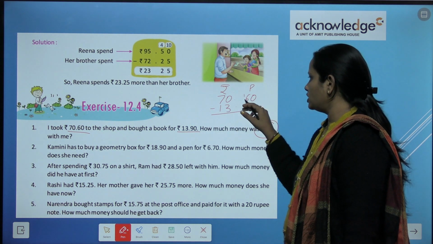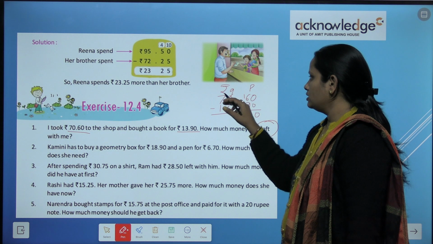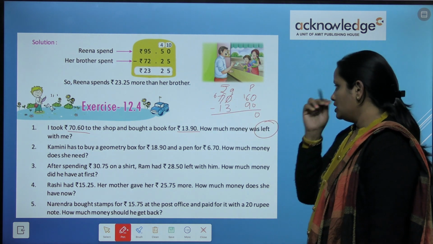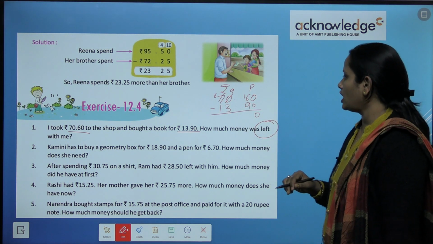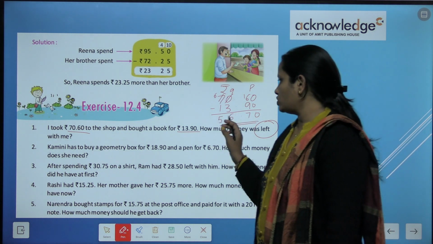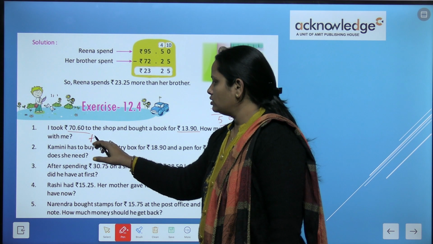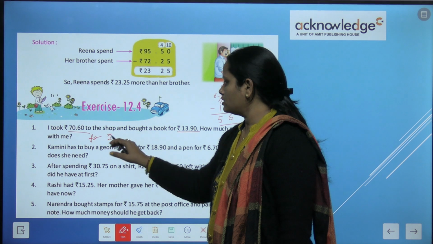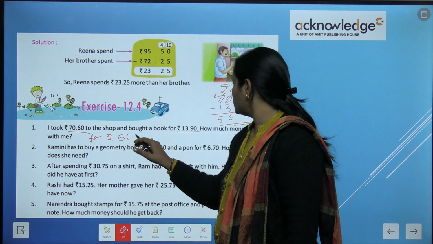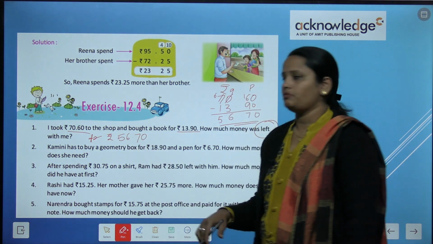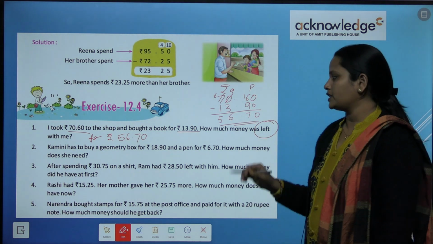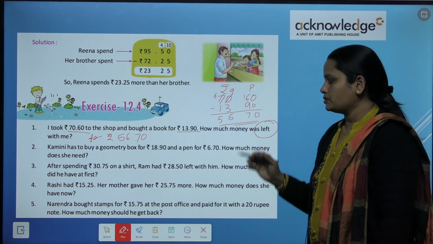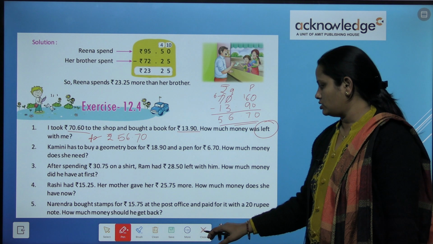So here it will be 16. Now 16 minus 9 will be, so total amount is rupees 56 and 70 पैसा. तो इतने पैसे मेरे पास अभी बचे हुए हैं. So similarly, children, do the rest of the questions.